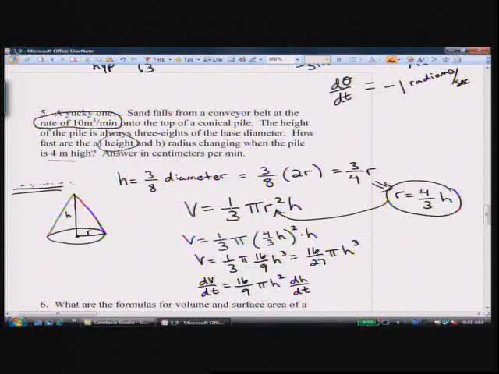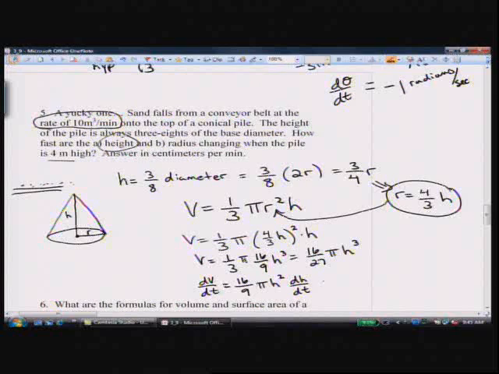I'm looking for dH/dt because that's how fast the height is changing. I know h because it's at the instant that it's 4 meters high. And I know dV/dt because it's 10 cubic meters per minute. Are y'all with me? Okay.